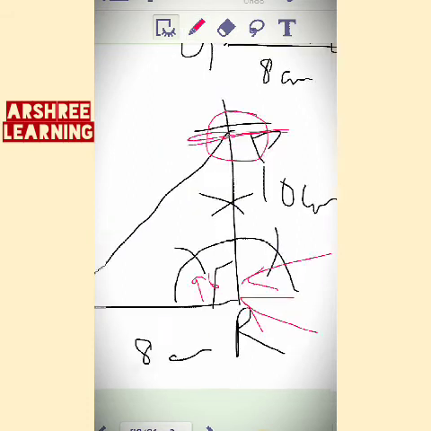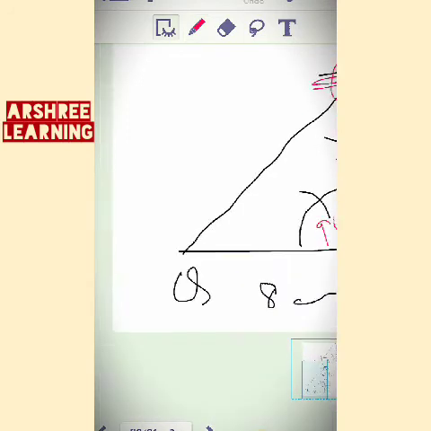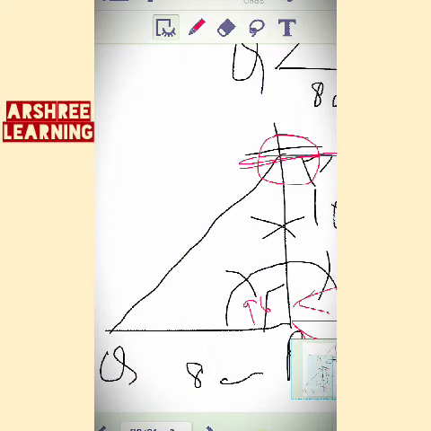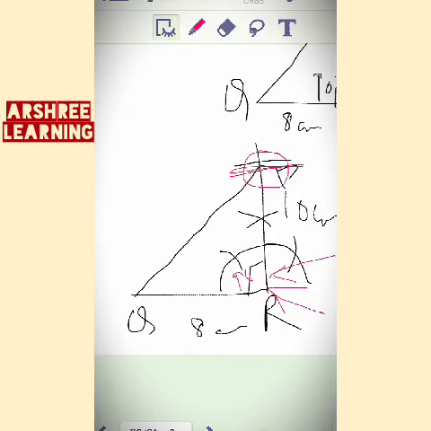When this arc is made, PR will become 10. After that you will join Q. You will join the length QP and the figure will be made. So triangle PQR is made.